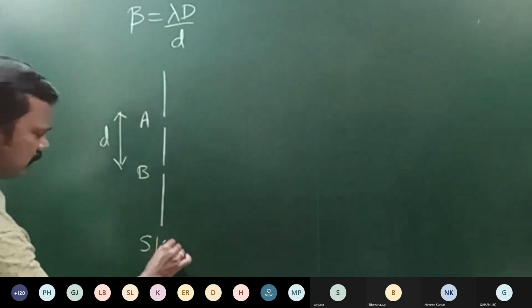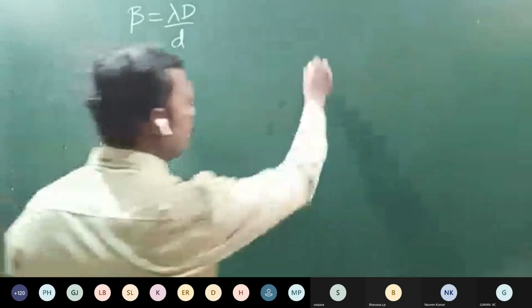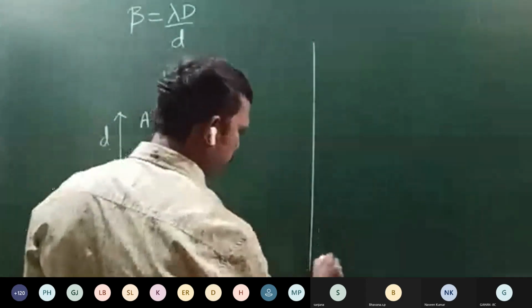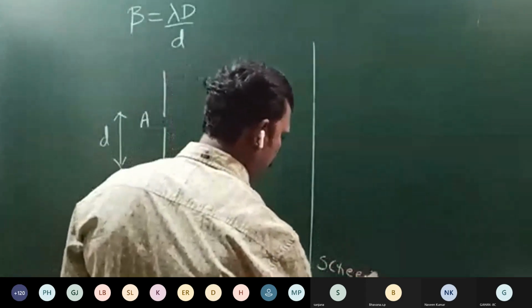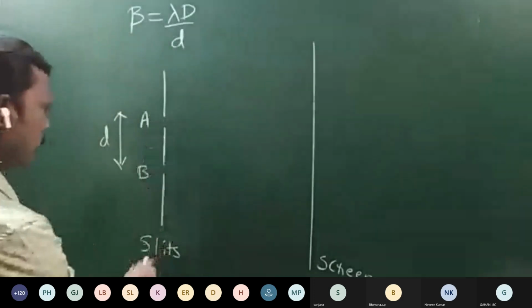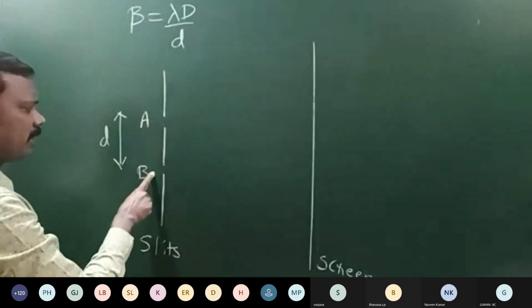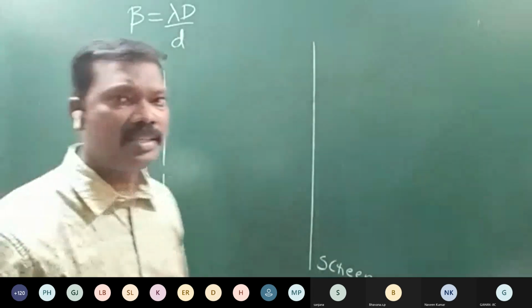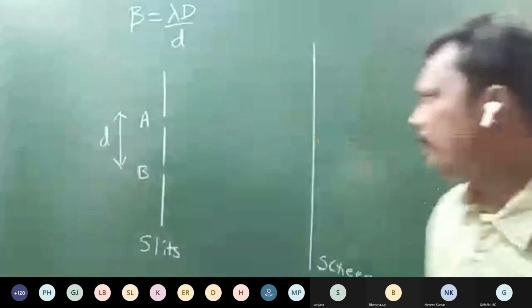Here is a slit, and here there is a screen. The source will come on the left side. A and B are the two slits. The distance between the slits is d, small d. This is a screen.